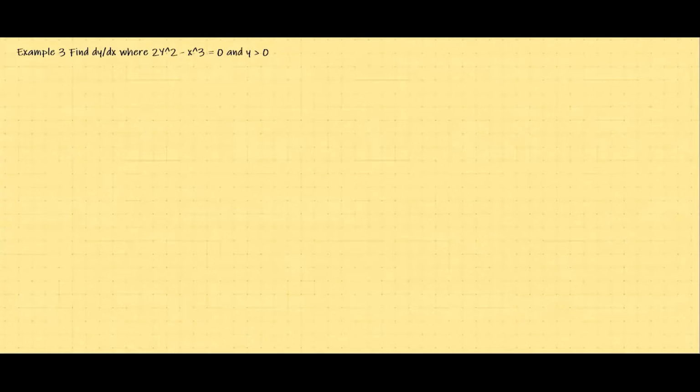In this case, we have to differentiate 2y squared minus x cubed equals 0, and we're told y has to be positive. So again, we are going to reuse the statement that we had in the last example. Let's write it down in the more general form.